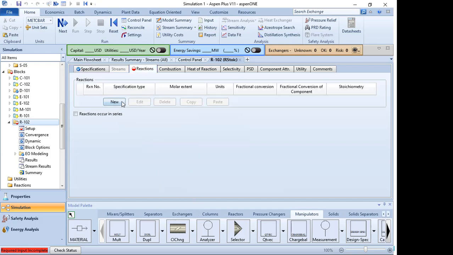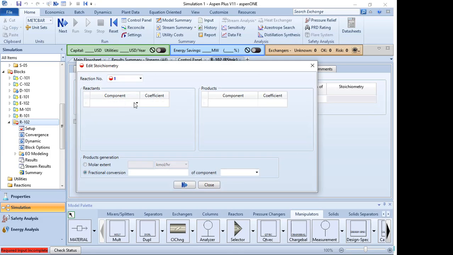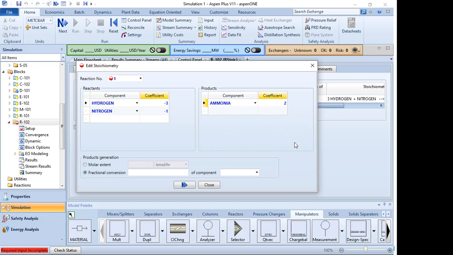And for the reaction, you just put in the information here: hydrogen, nitrogen, ammonia, nitrogen 1, hydrogen 3, ammonia 2.